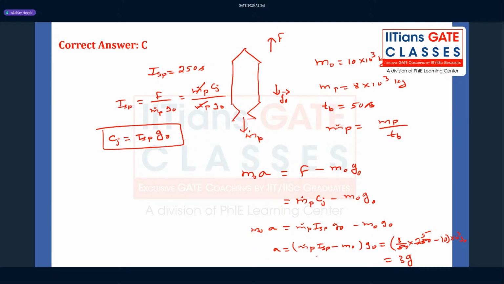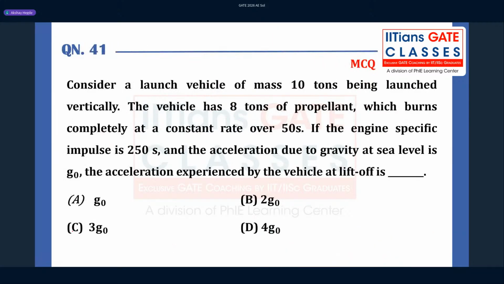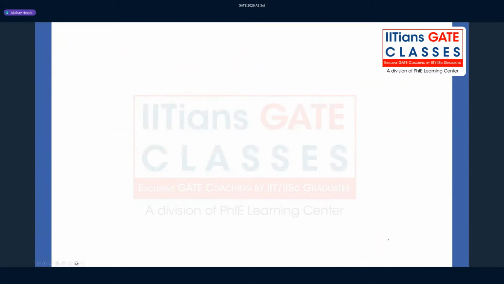So this whole thing is divided by m naught. So if I do that, whole divided by 10 into 10 power 3, so 10 power 3, 10 power 3 cancels. So I'm left with 3g, right? 3 g naught. So that means from the given options, that is option C. Clear? Okay. That was a very interesting problem.